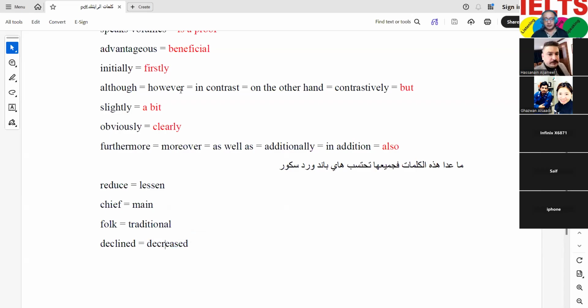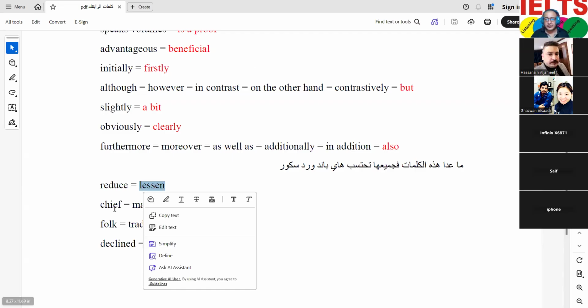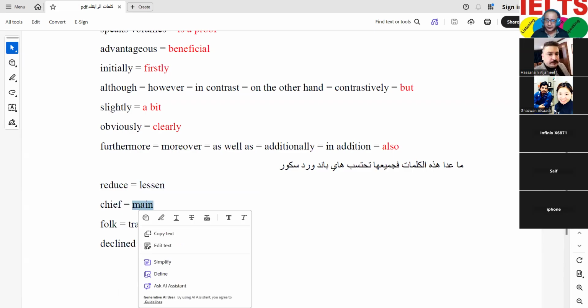Any questions here? Sorry, Mr. Haidar, yes, please. About those words, reduce, lessen, main, what do you mean by them? You mean they are not high band? No, all of them are high band discourse. If you use reduce or lessen, it is the same. Chief, main, the same.